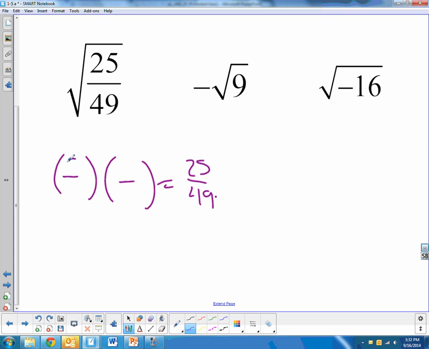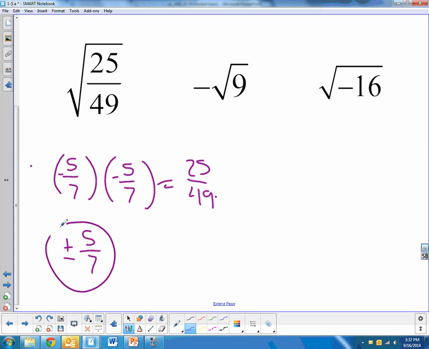Now, I know that 5 times 5 is 25, and I know that 7 times 7 is 49, which means that the square root of 25/49 is going to be 5/7, plus or minus, because negative 5/7 times negative 5/7 would also be positive 25/49.